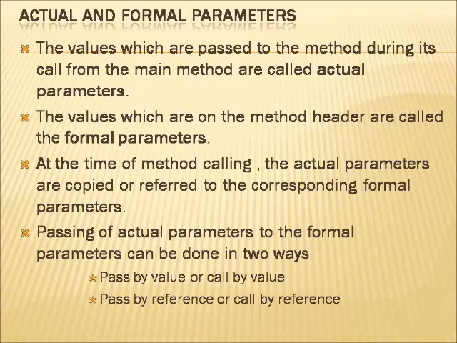The parameters which are on the method header are called the formal parameters. The actual parameters are copied or referred to the corresponding formal parameters at the time of method calling.